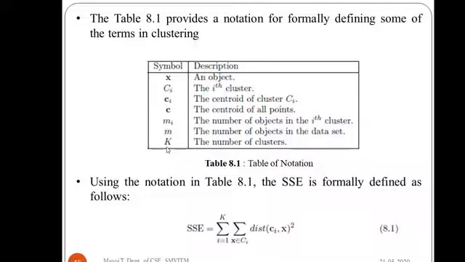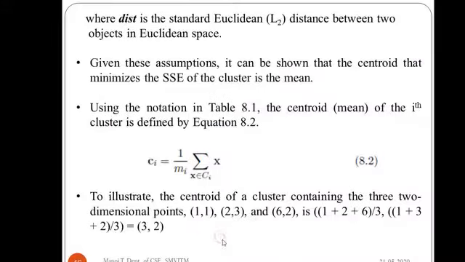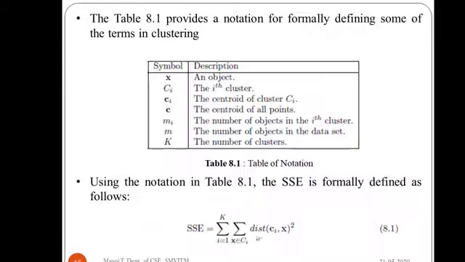So the SSE is formally defined as follows, that is sum of squared errors. You take the summation of all k clusters, that is i equal to 1 to k, then you take each object in each of the clusters and compute the distance from Ci, that is the centroid of each cluster, and the remaining data objects in that particular ith cluster.